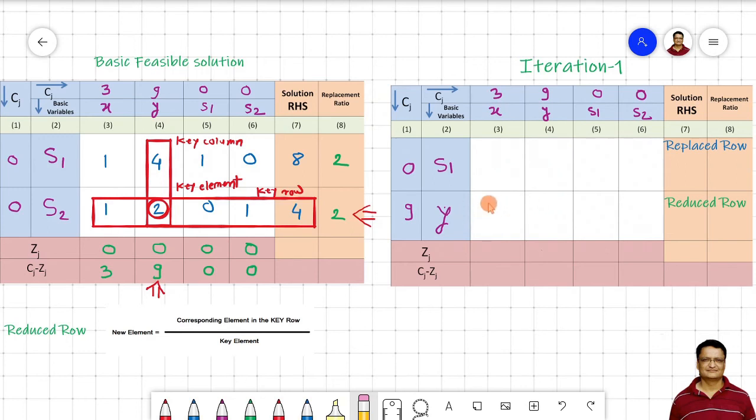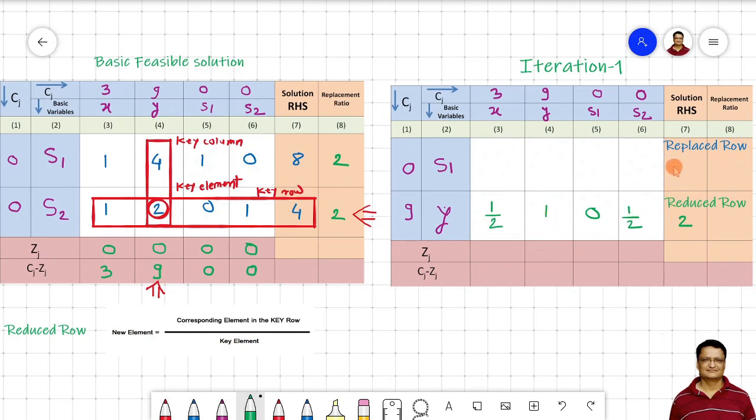So for this position, the element will be given by the corresponding element in the key row, which is 1, divided by the key element 2, so that is 1 by 2. In the same way, other elements can be evaluated. For example, this 1 is got by 2, that is the element in the key row, divided by the key element, which is the same, that is 2 by 2, 1.